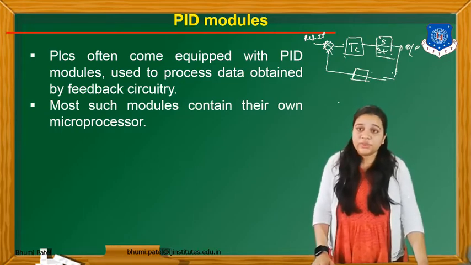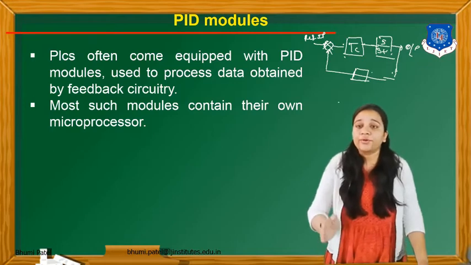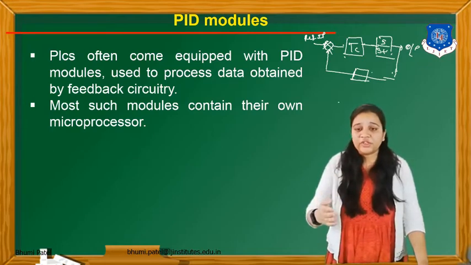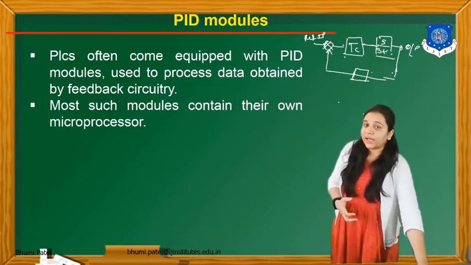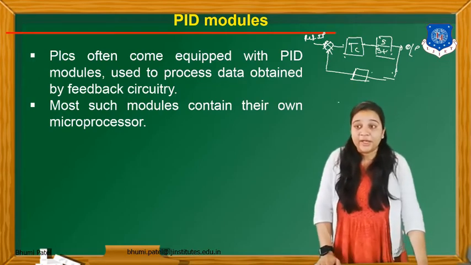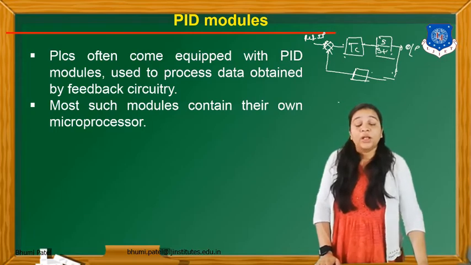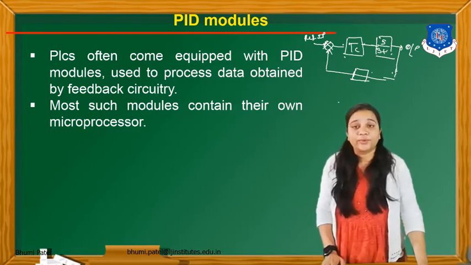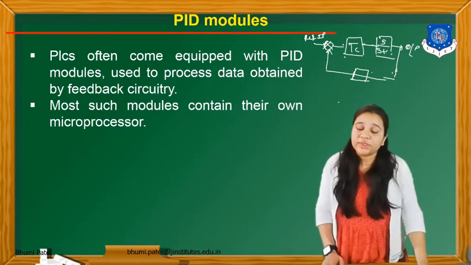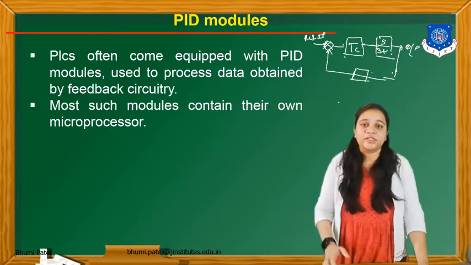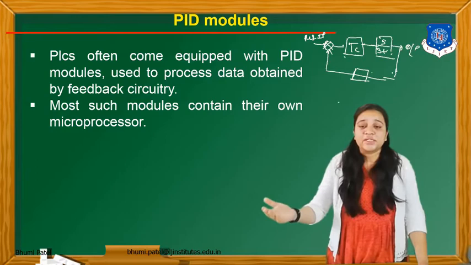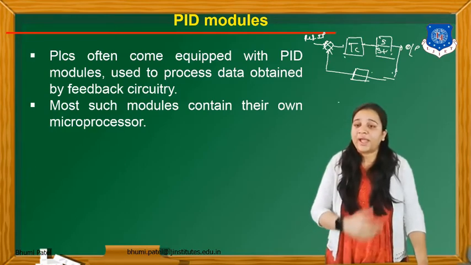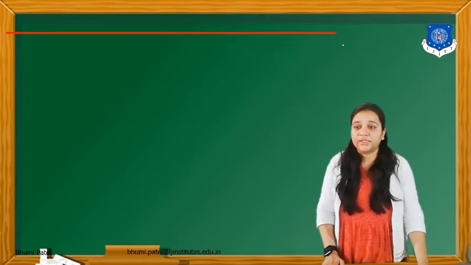We can use a P controller, I controller, D controller individually for this particular plant, and we can also combine the PID modules for this particular plant. So most of these modules contain their own microprocessor. Suppose we use P and I controllers for this process. So the P controller has its own microprocessor, and the I controller also has its own microprocessor.